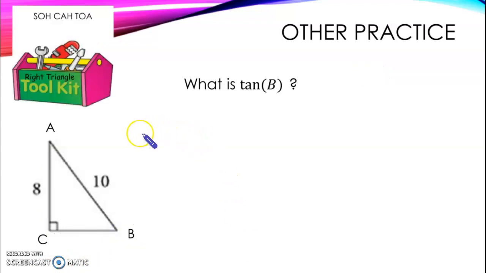Well, thinking back to your right triangle toolkit, if you will, we now have SOHCAHTOA as a mnemonic to help us remember one thing that we can use to solve right triangles. But there's another equation that we learned way before this that also helps us with right triangles, and that is the Pythagorean Theorem.